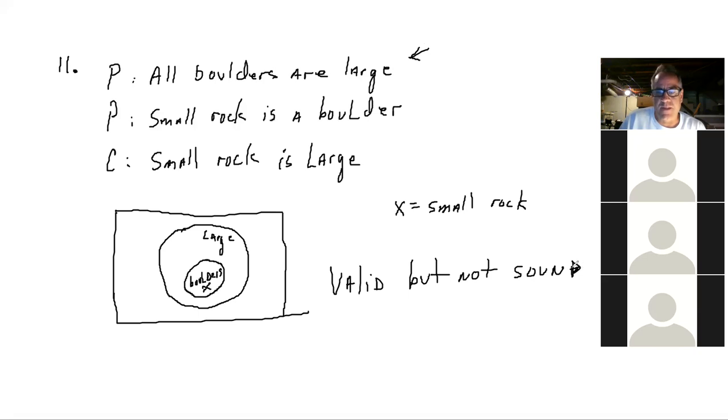Again, the reason is it's not sound if you have a premise that's not true. It's valid, so logically everything flows. But if you have a premise that's not true, then it's not sound. And that is the problem. You have a premise which is not necessarily true. All right. Any questions on that one?